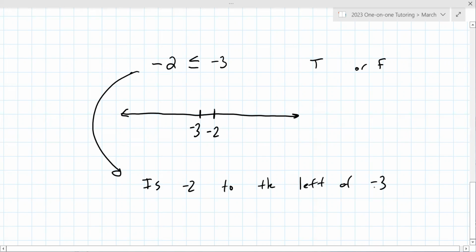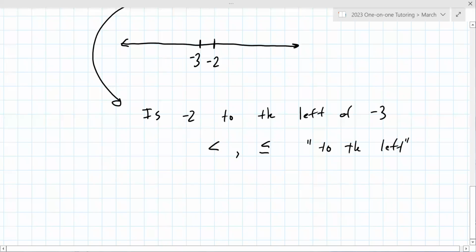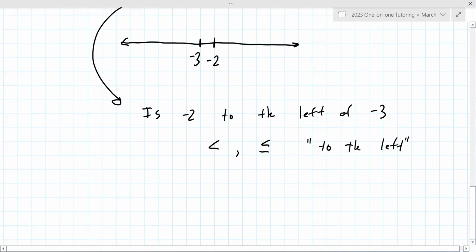That's what less than means. Less than or less than or equal to literally means to the left. I wasn't thinking. That's okay. It's one that I get a lot of students on. Greater than or equal to means to the right.